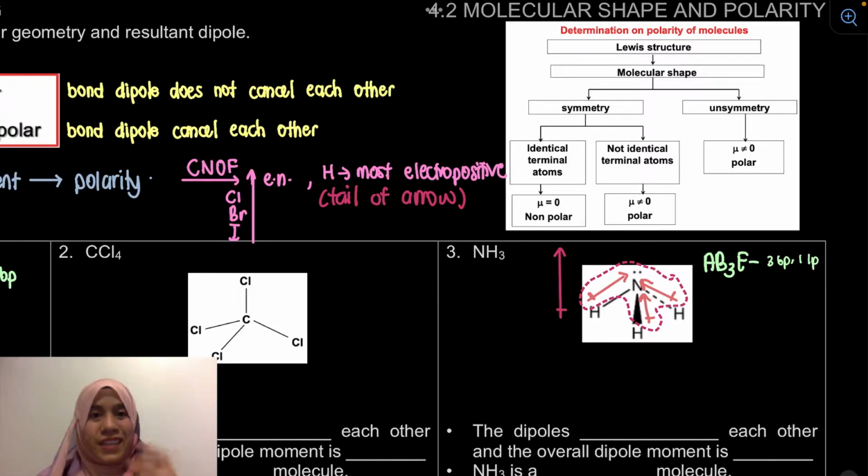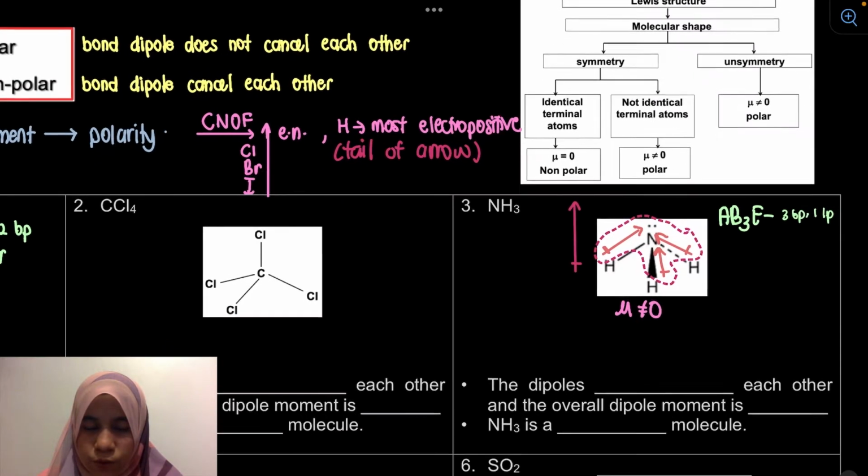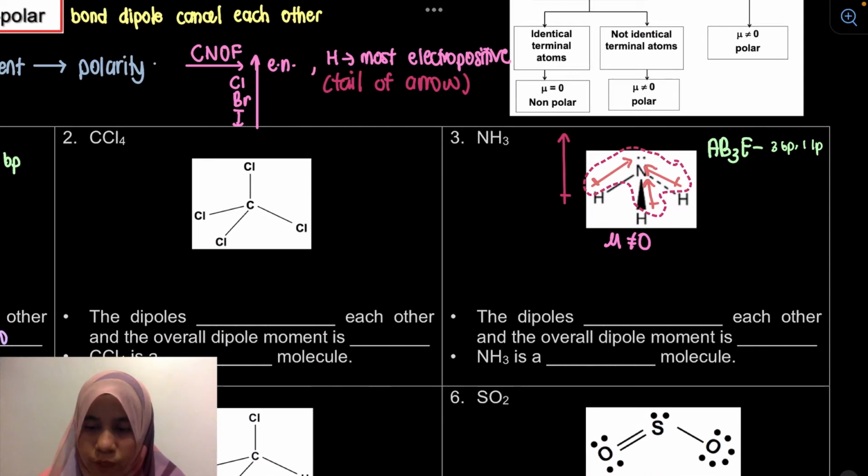So actually does it cancel each other ke tidak? It does not cancel each other off. So when it does not cancel each other off, our mu is not equal to 0. Okay. So, the dipole moment, how to explain it? The dipoles do not cancel each other, kan, sebab tak ada cancellation apa-apa pun.